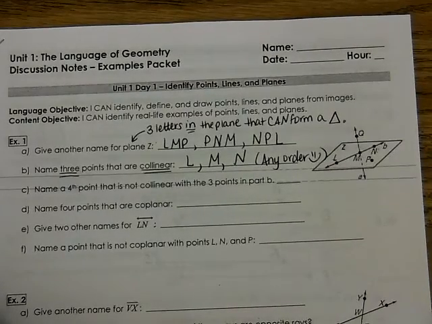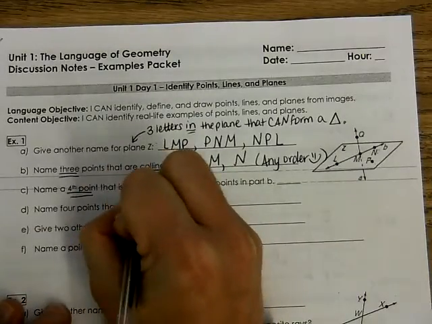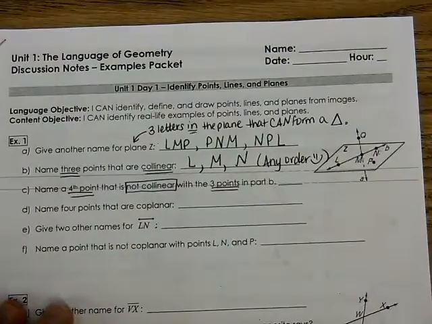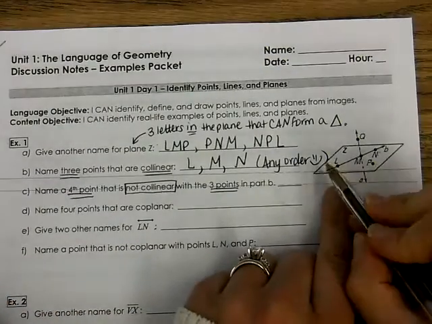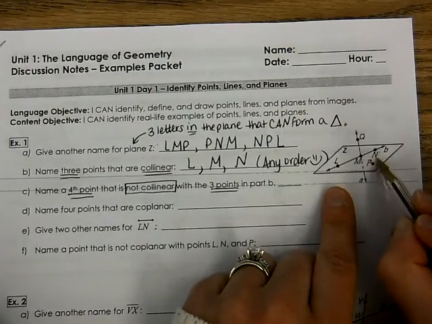Letter C says name a 4th point. So name a 4th point that is not collinear with the 3 points in part B. So a point that is not collinear is a point that is not on this line. And there are 2 points that are not on this line.